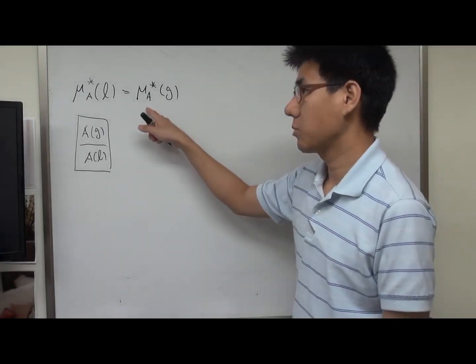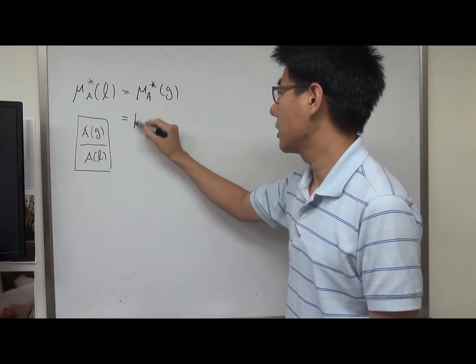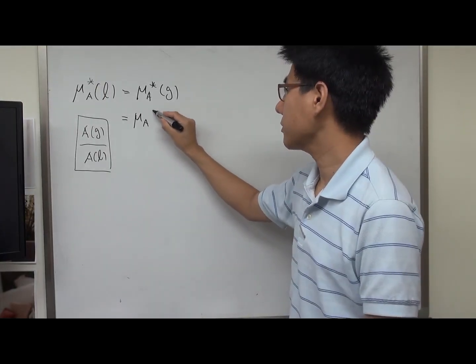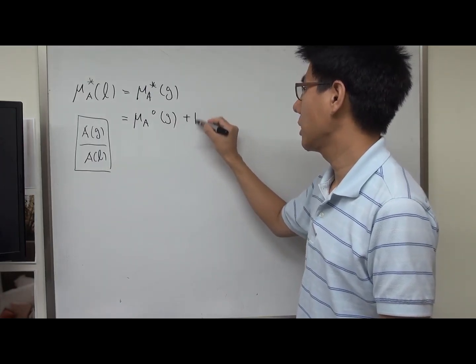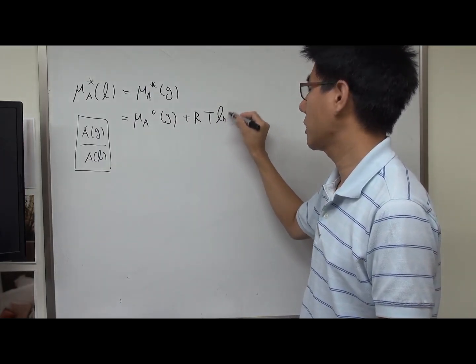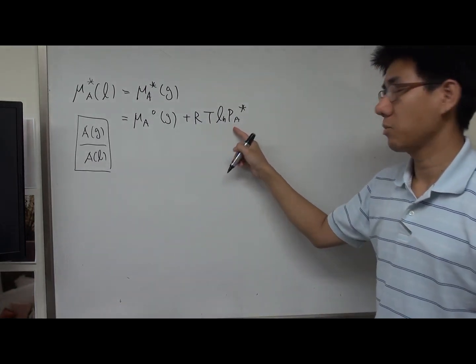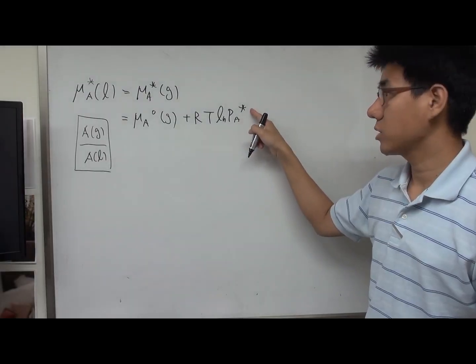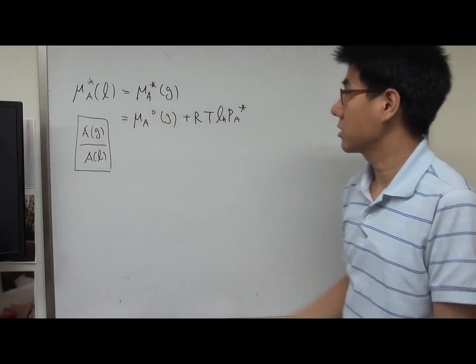And chemical potential of gas can be written as mu A at standard pressure plus RT ln PA star. This is the vapor pressure of A, and we put a star here because there is only A, pure substance.